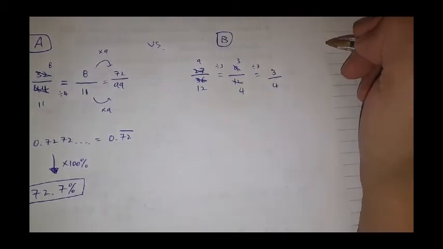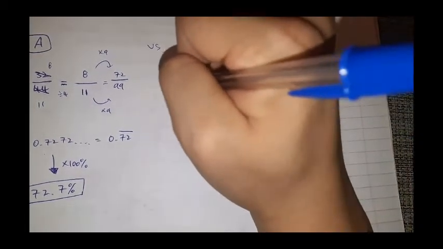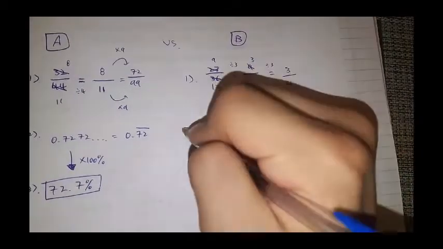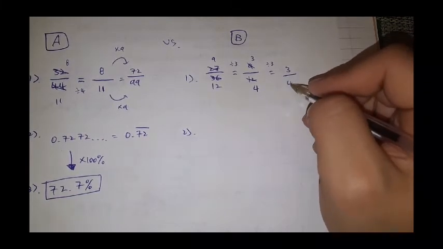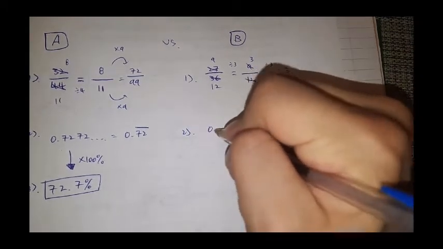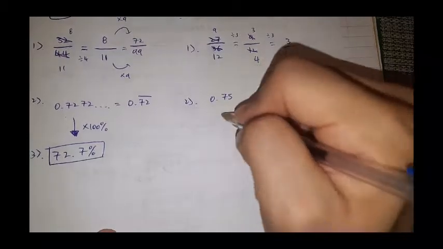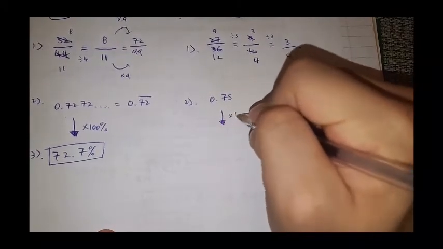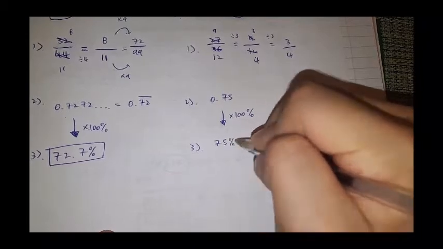So it's 3 over 4. Why is that important? Because step number 1 already told me that 3 over 4 is a common percentage. It's 3/4, and when you see 3/4, that's 0.75. From here, you can just multiply by 100%, and that's 75%.